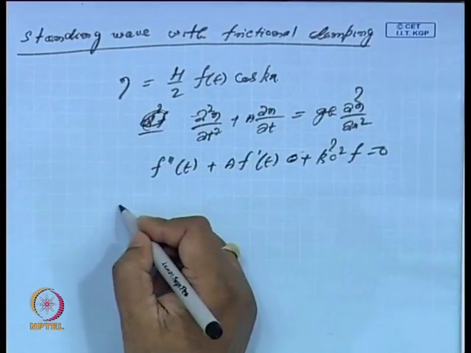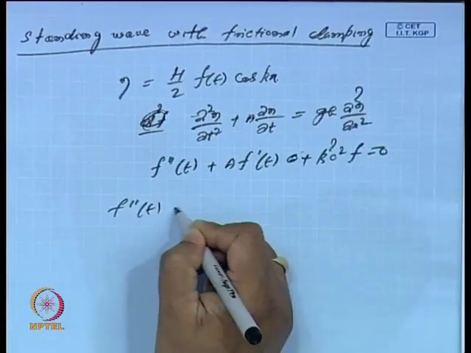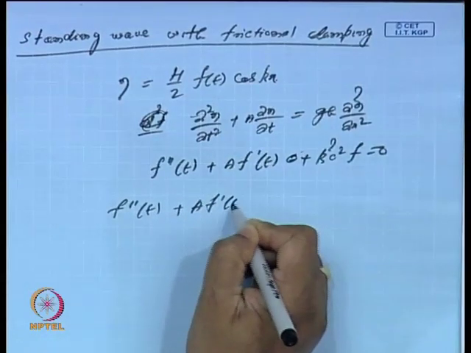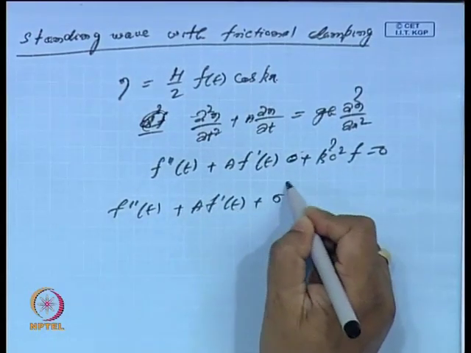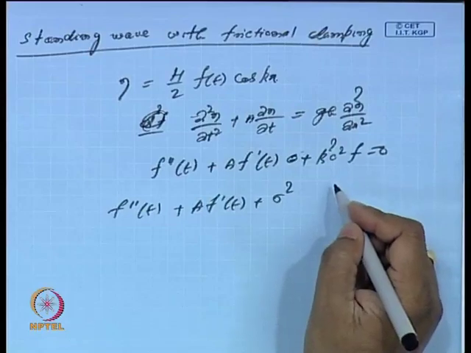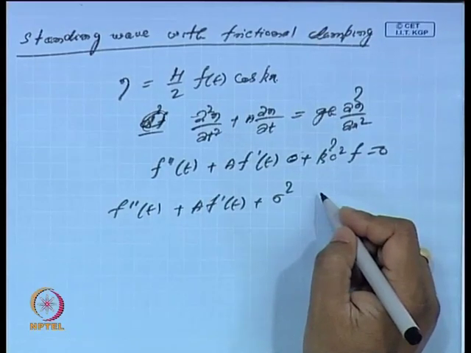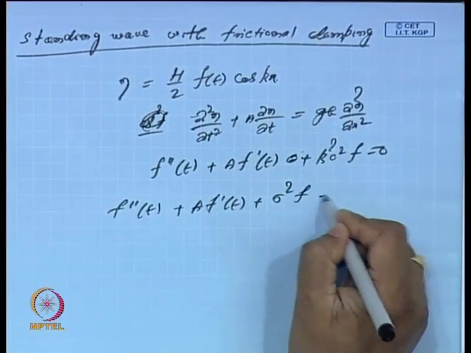So f double dash t plus a f dash t plus sigma square f is equal to 0.